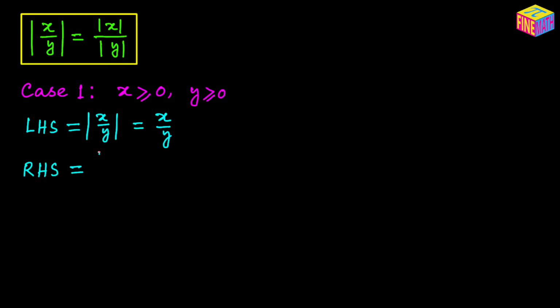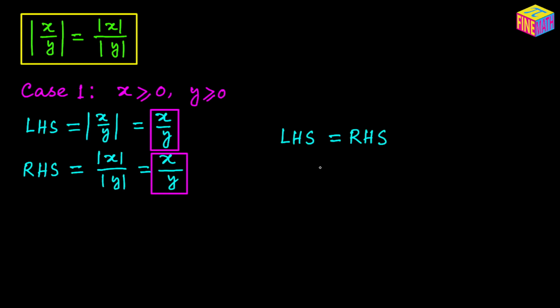On the right hand side, we have modulus of x over modulus of y, and here x is non-negative, so x will come out as positive x, and y is also non-negative, so y will also come out as positive y. So now you see that both of them look exactly identical. That means we can say that the left hand side and the right hand side are equal. So you can see that the property is holding true when both x and y are non-negative.